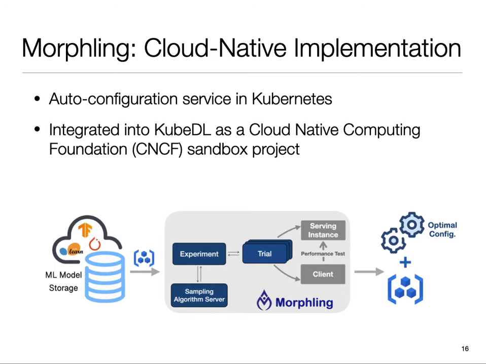Morphling exposes common interfaces that abstract away the heterogeneity of the model serving frameworks and the service deployments. Users configure these services by specifying the serving model, the tunable configuration parameters, and the optimization objectives.